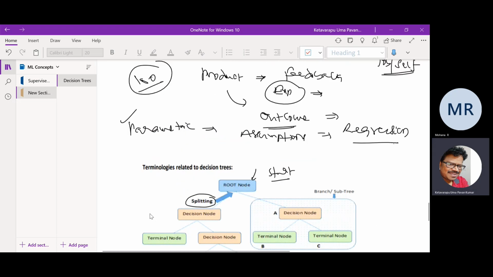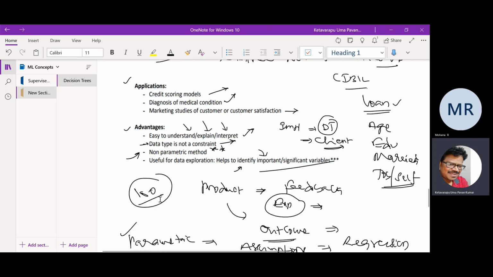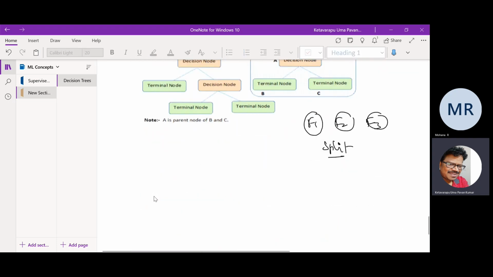Going back a little, we have this diagram. Should I consider sunny, overcast, or rainy? Based on these three things only, I can say whether the play is going to happen or not.